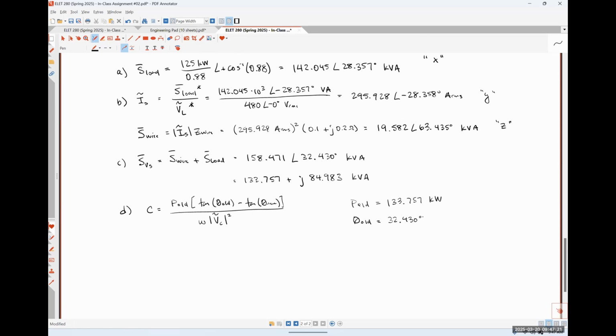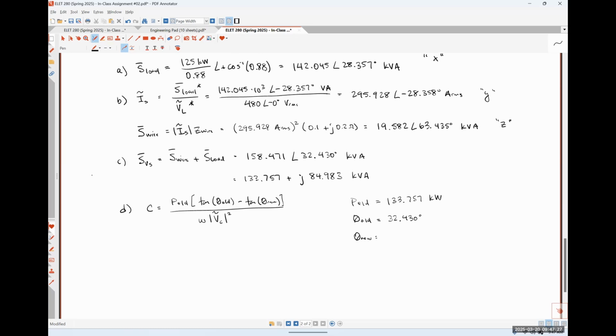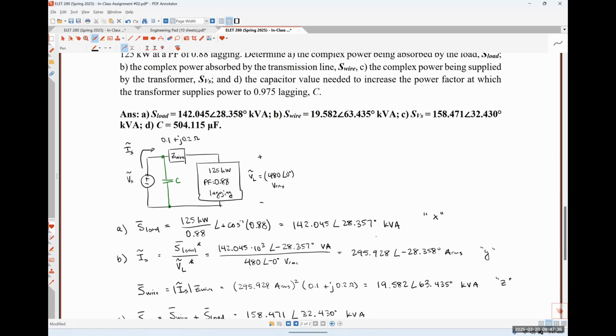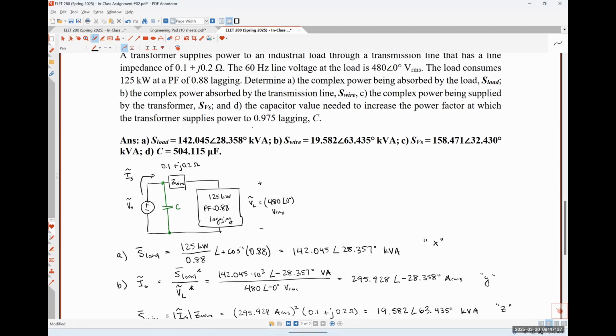So theta new, we don't know it yet, but we can get it pretty easily, right? So theta new represents what our power factor angle will be after power factor correction. And we are told in our problem statement that we're trying to hit 0.975 lagging. So how would I use that power factor to calculate that angle? Arc cosine, absolutely right.